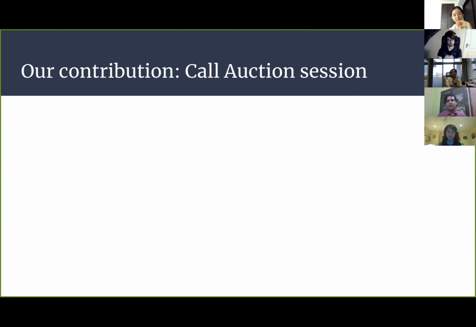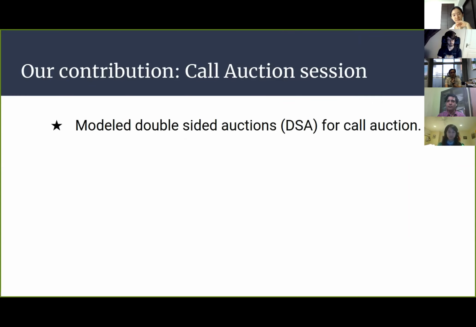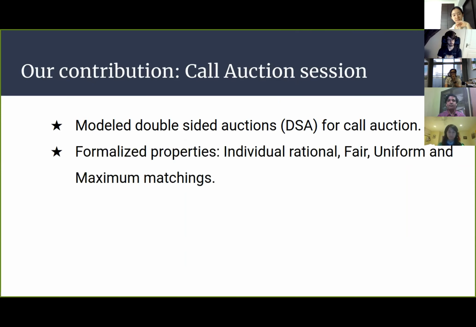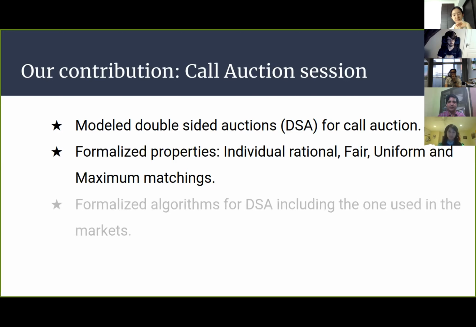So our contribution is to formalize. So far we have fully formalized the call auction session. We have modeled the double-sided auction mechanism, which is what they use in the call auction session, an offline algorithm. And we have formalized some important properties related to the stock market, like individual rational, fair, uniform, maximum matching.